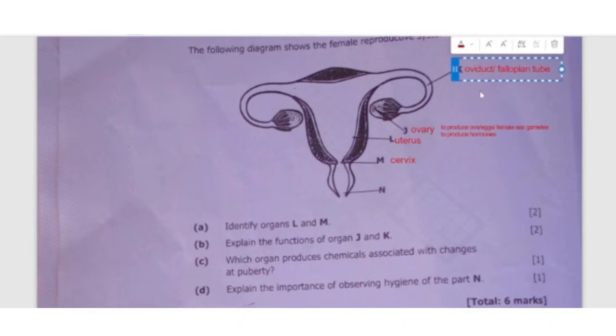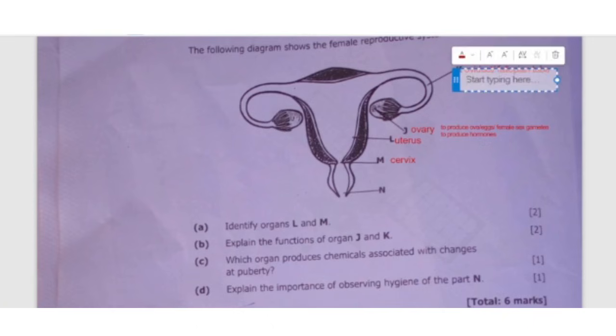The function of the fallopian tube is, one, that's where fertilization takes place.